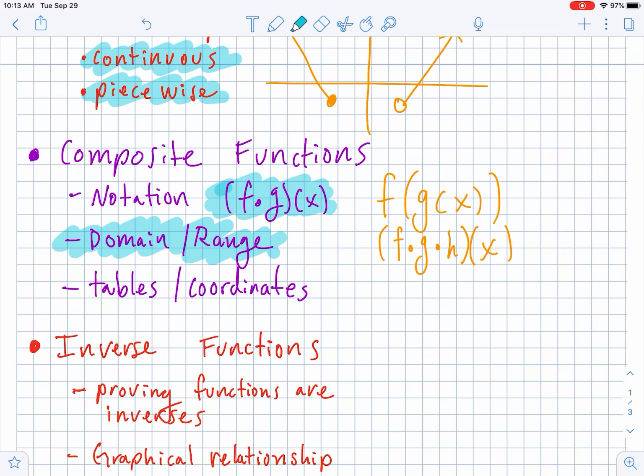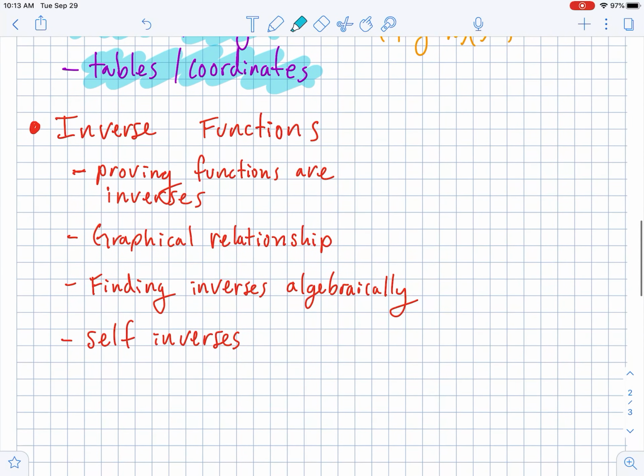I would definitely go back to that section and read that example because it's a little bit tricky. Know how to do composite functions with tables and coordinates. That also came up in the notes. If I just give you coordinates of f and coordinates of g and ask you to find some sort of composition, you know how to feed the inputs and outputs into each other to get the right answer.